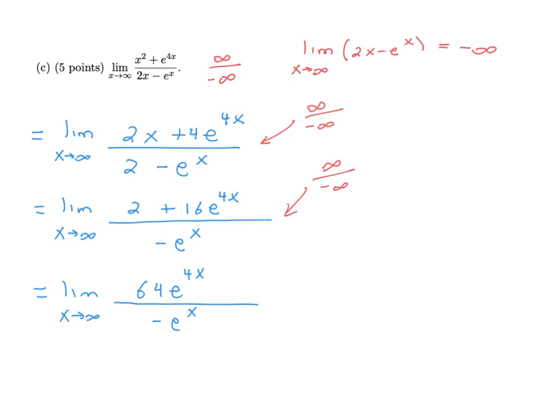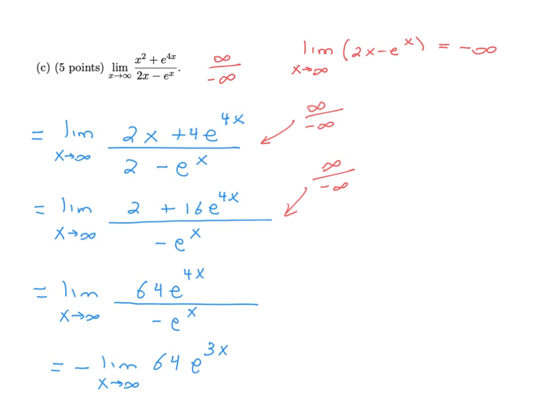So instead, let's simplify this. e to the 4x over e to the x is simply e to the 3x, and this negative you can actually remove from the limit since it is a constant. So this really equals negative the limit as x goes to infinity of 64e to the 3x.